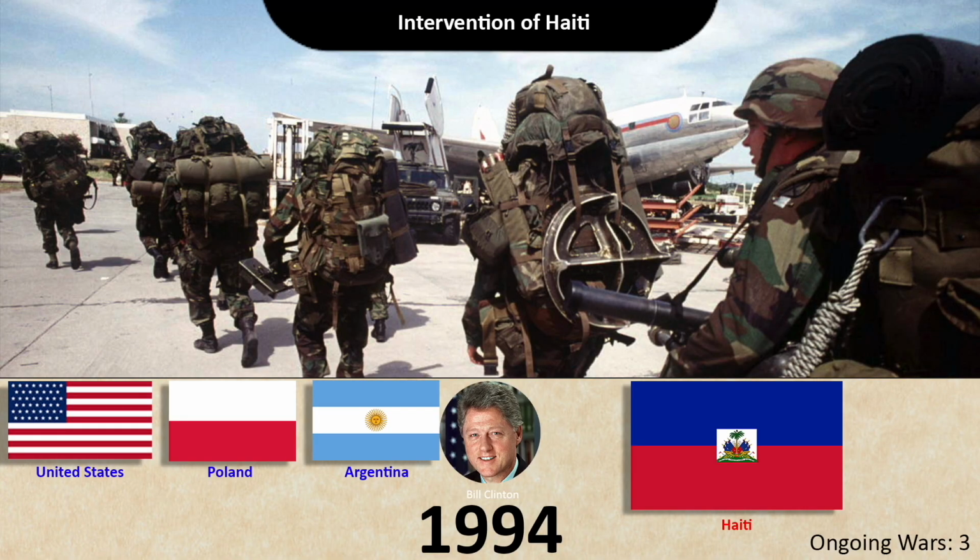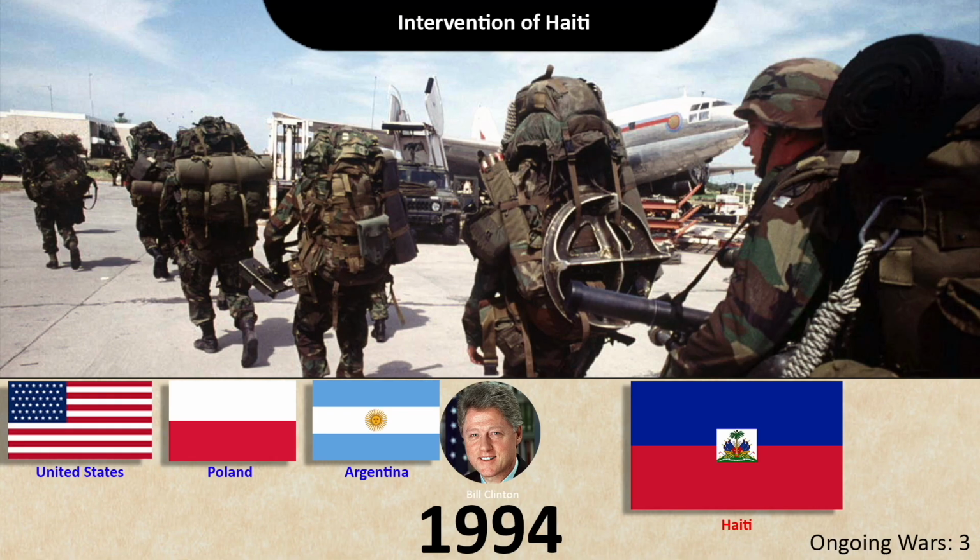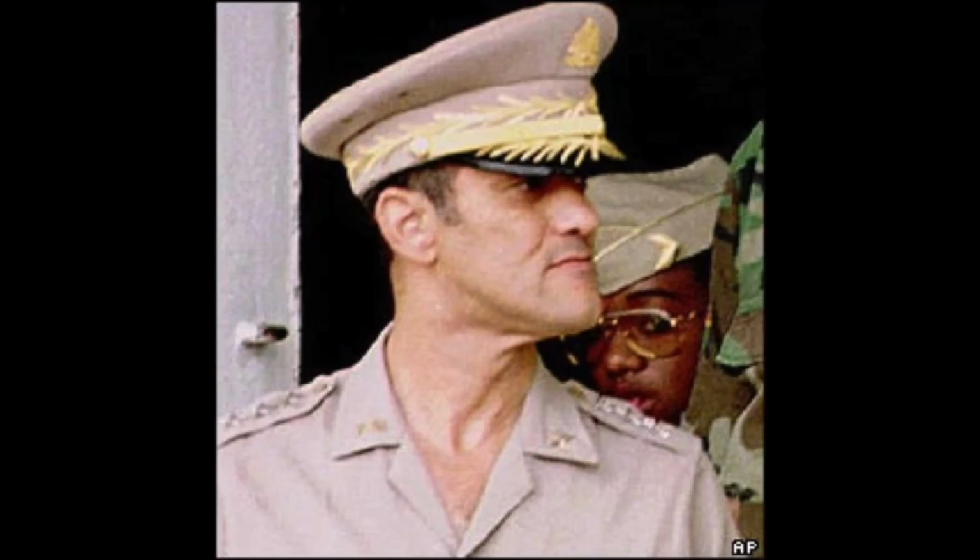About a couple years later, in 1994, we get the intervention in Haiti, and basically what had happened, the ex-president there, Jean-Bertrand Aristide, was overthrown in a coup by a military regime installed by General Joseph Raoul Cedras.